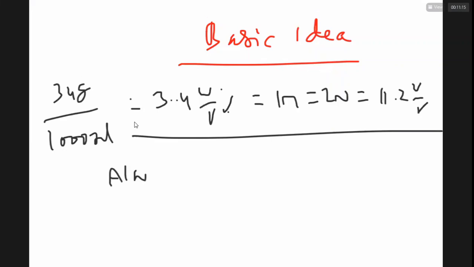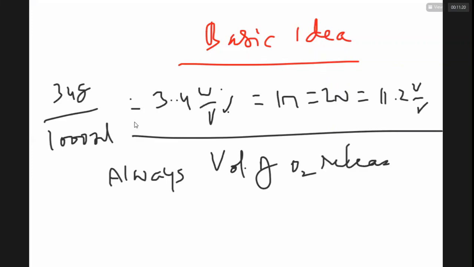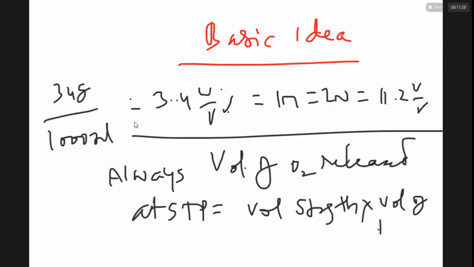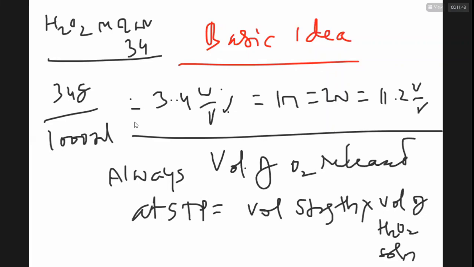Always, volume of oxygen released at STP is equal to volume strength into volume of H2O2 solution. Understand this basic idea fundamentally. Do I know that H2O2 molecular weight is 34?